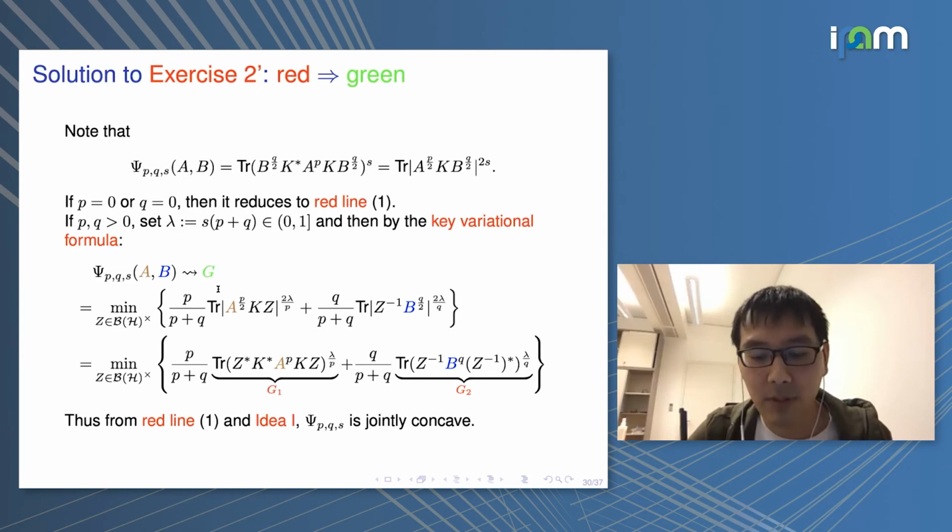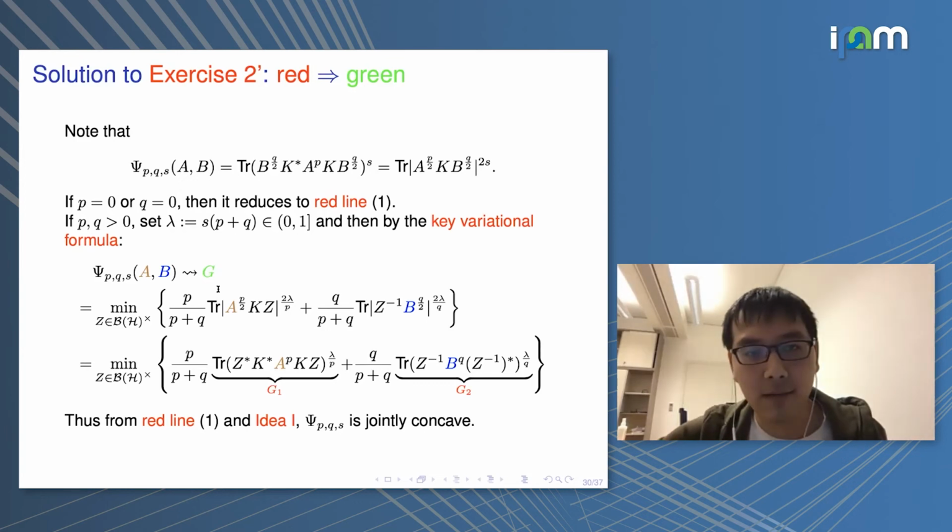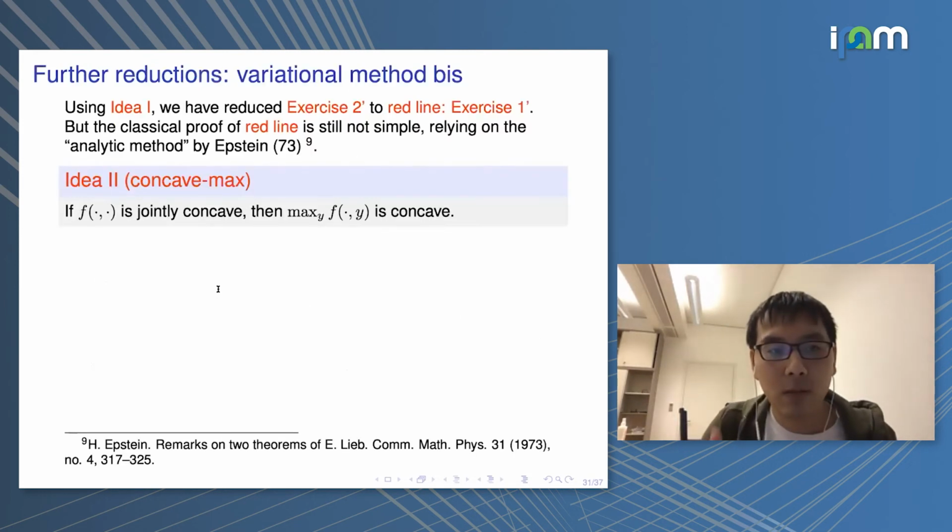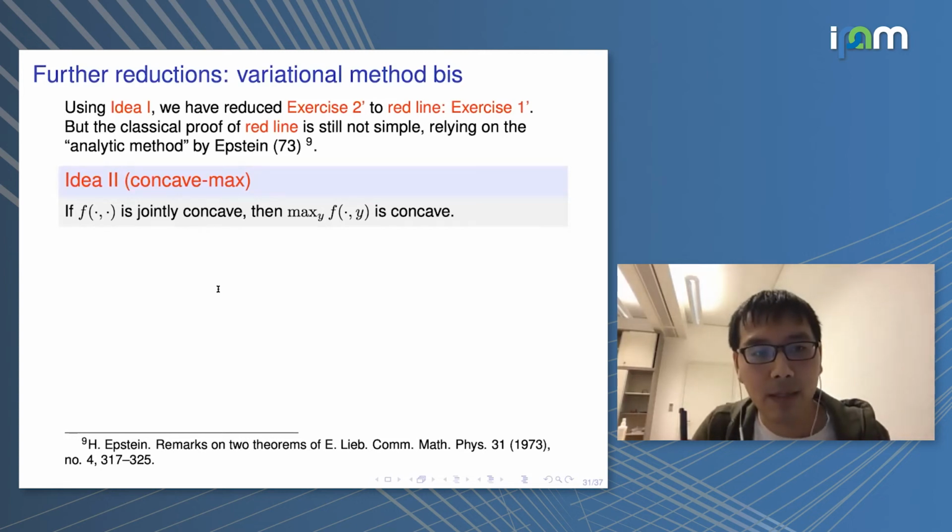And the proofs for the yellow region and orange regions are similar. You use a maximum formula instead. Okay, so now we use our first idea to reduce the problem of exercise 2' to exercise 1'. But the classical proof of the red line of the exercise 1' is actually not very easy.